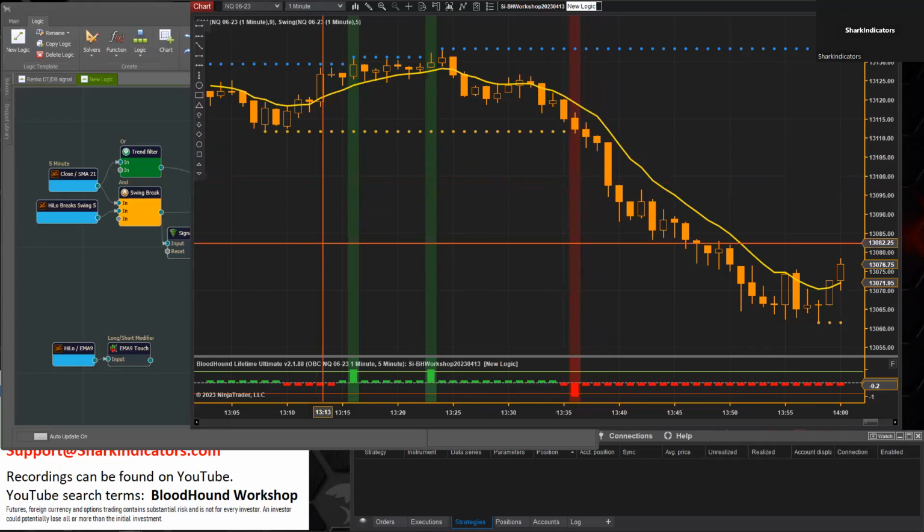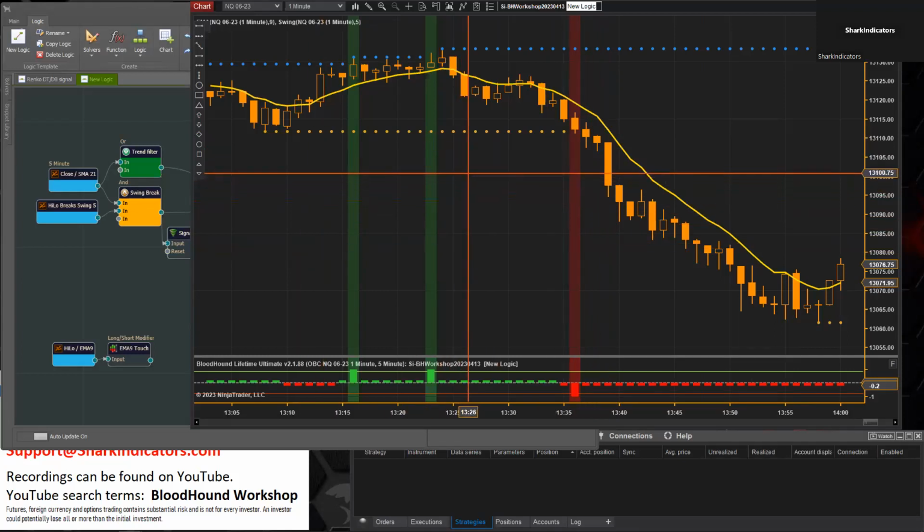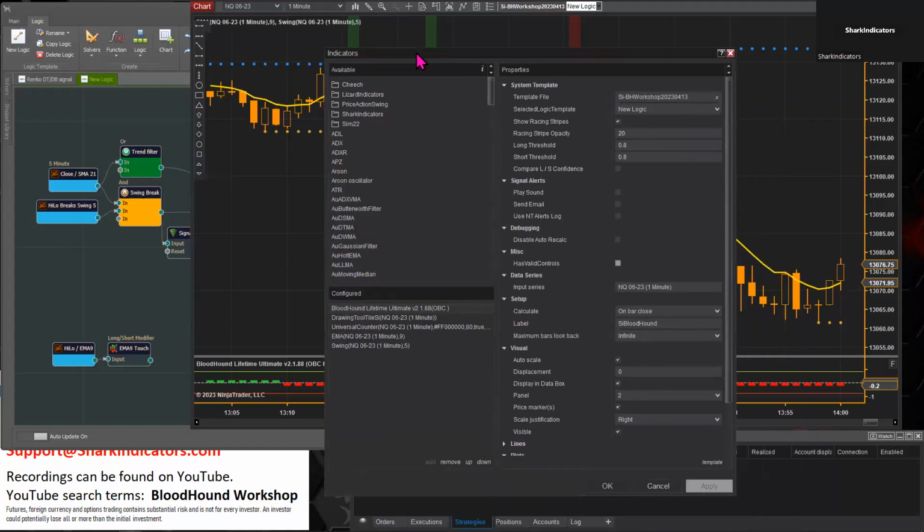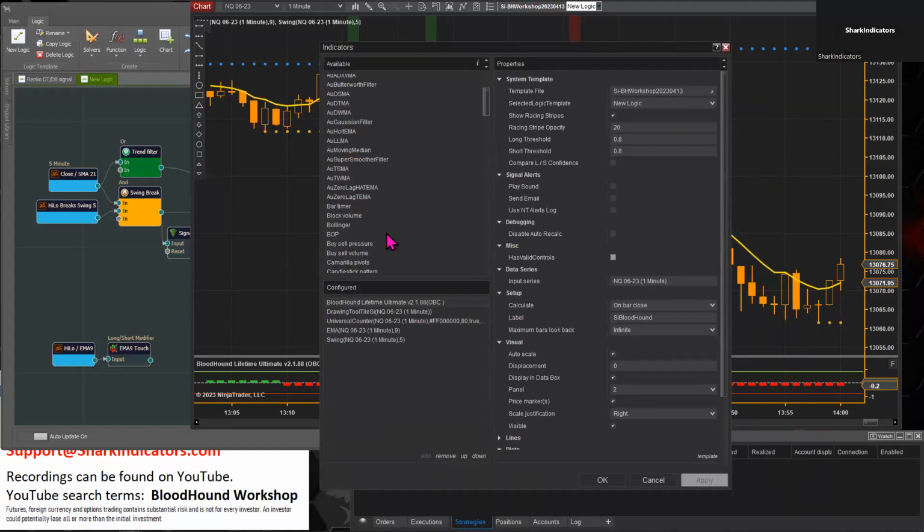The same thing goes for when you're custom coding an indicator. One of the examples I use a lot is when people want to use BloodHound to find Japanese candlestick patterns. Sure, BloodHound can use a bunch of comparison solvers and find simple bar patterns like an engulfing bar or an inside bar.